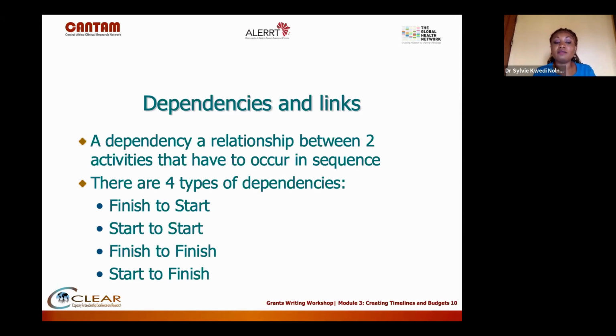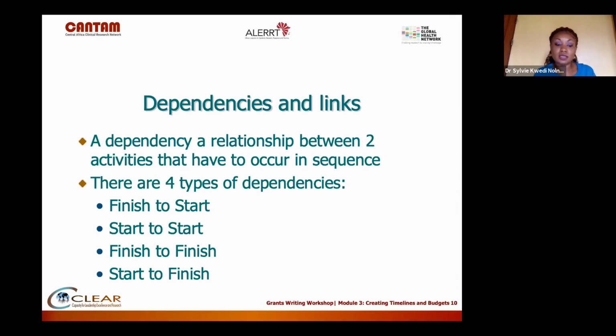You also have a start to start dependency, which basically means that task A needs to start at the very same time as task B. For example, I'm thinking about being in the laboratory and you are doing your sample preparation.